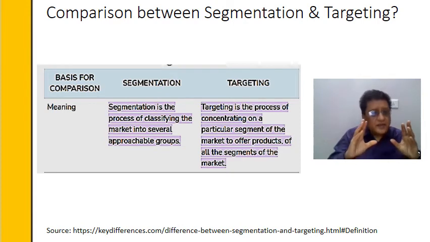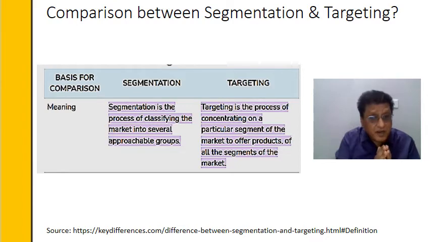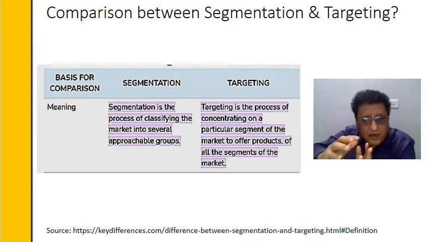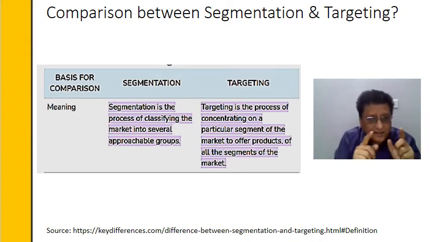I repeat, segmentation is the process of classifying the market into several approachable or accessible groups, whereas targeting is the process of concentrating on a particular segment of the market to which you will offer products. So segmentation is the process of classifying the market, and targeting is the process of picking up one of the parts of the segment.